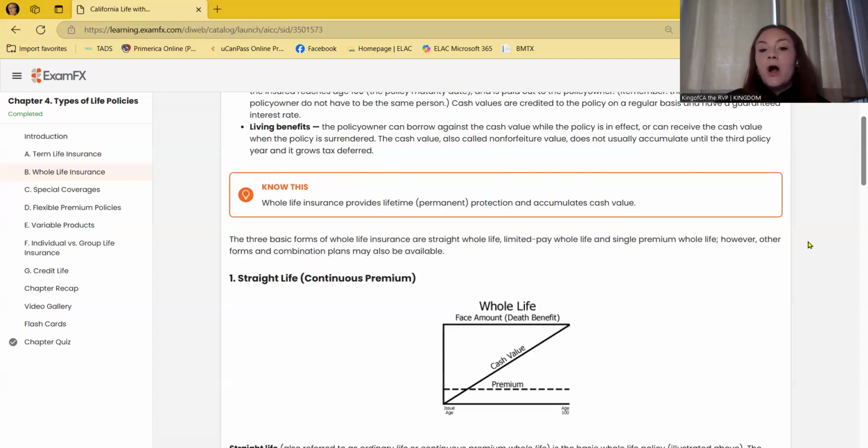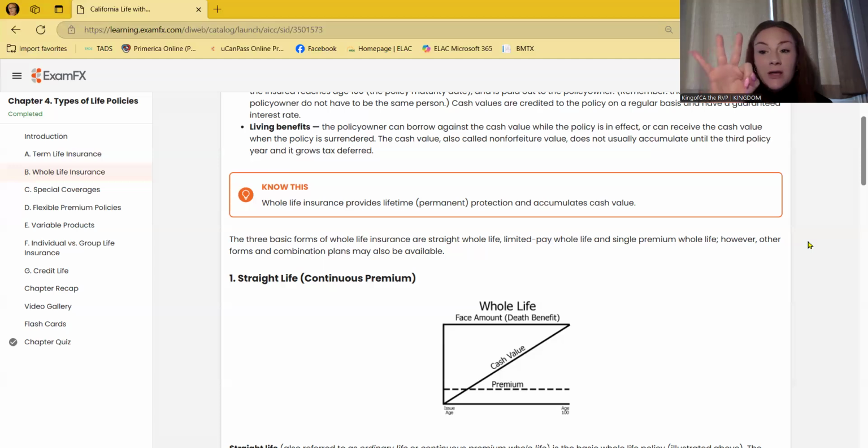The cash value, also called non-forfeiture value, right, does not usually accumulate until the third policy year and grows tax deferred. All we need to know for that is that our policy is going to keep the first 3 years of our savings.